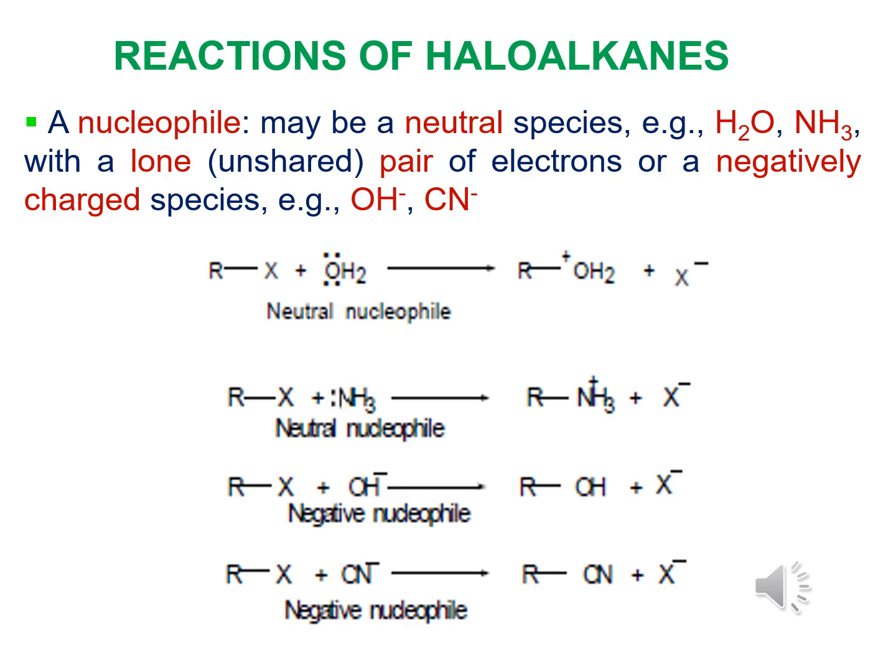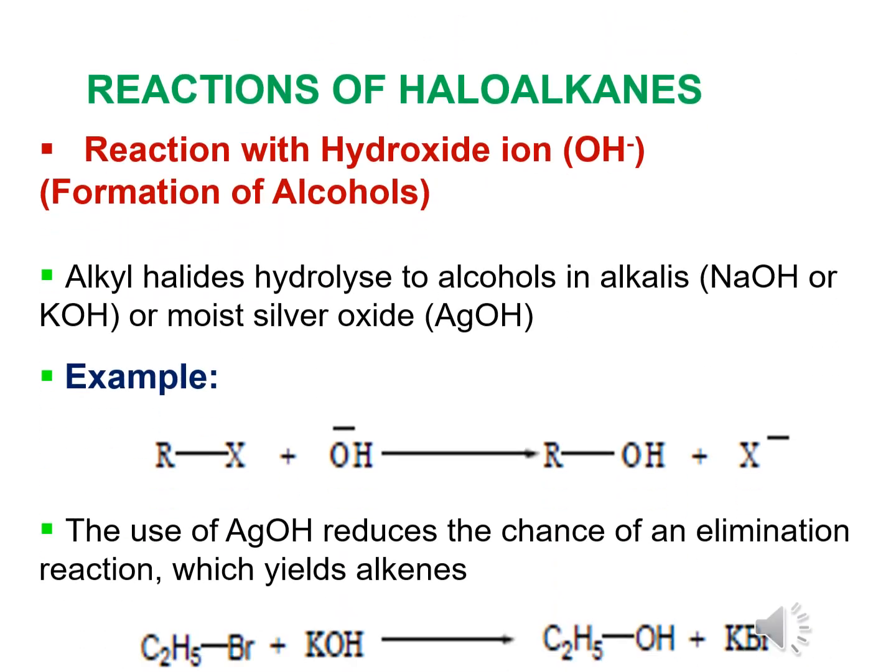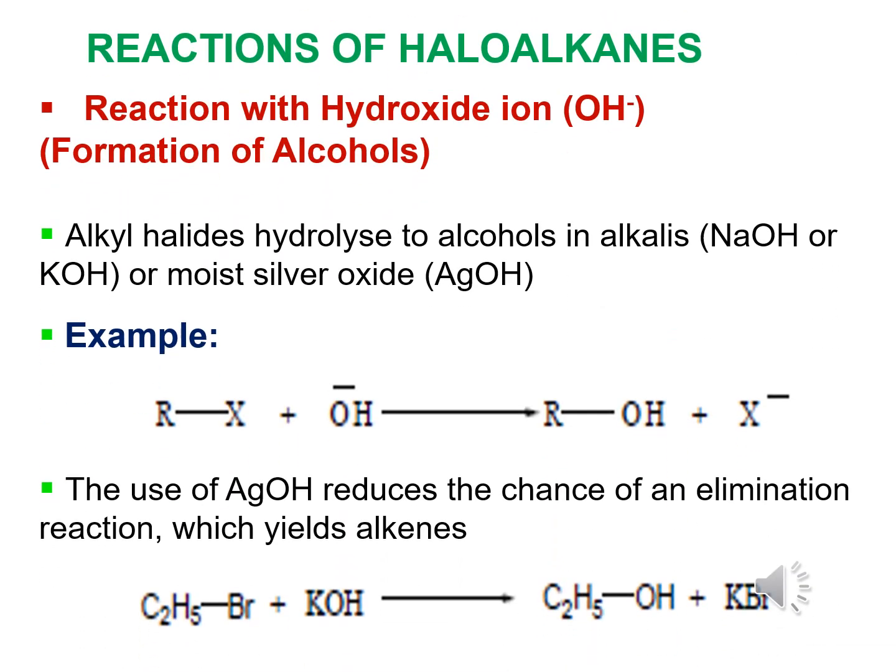So when positive meets with negative, they are going to form a bond, and that is how a new bond is formed. So examples of the reactions are as shown on the slide. You realize in this reaction, the halide is being replaced by the nucleophile. A typical example of this reaction is the formation of ether.